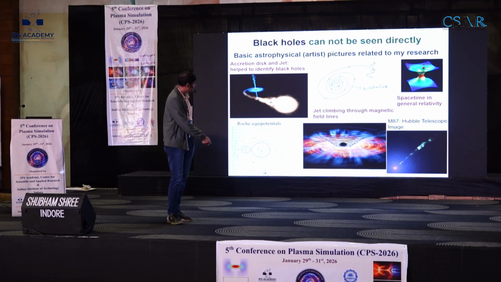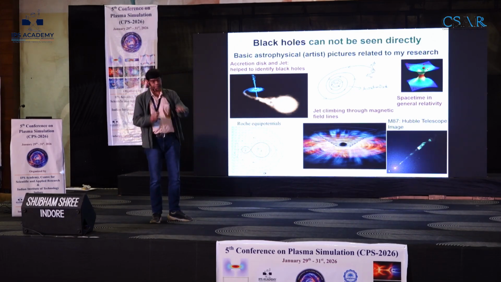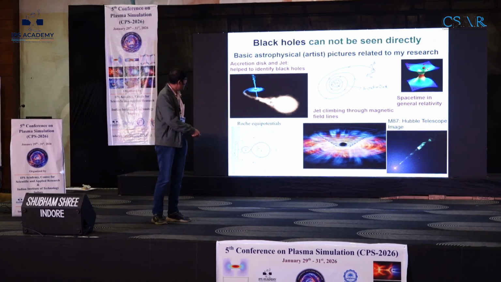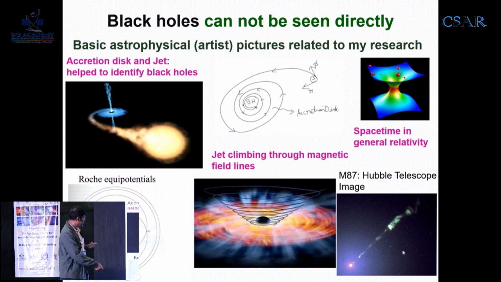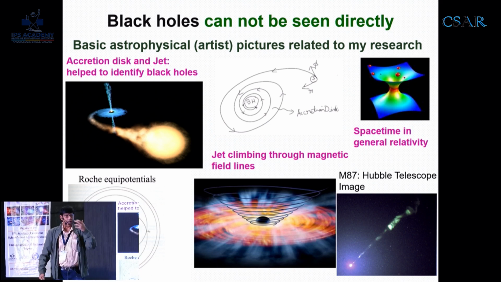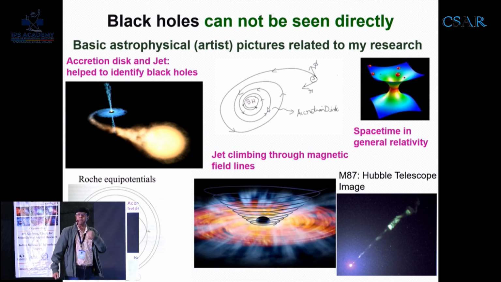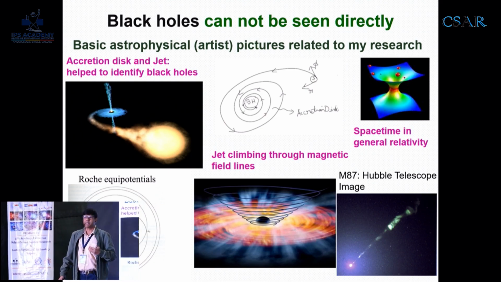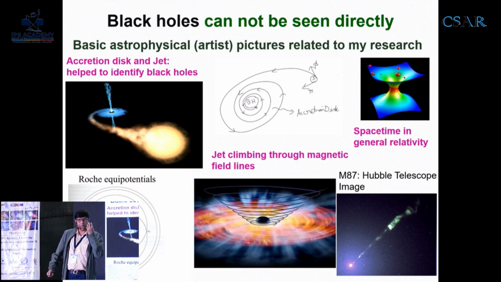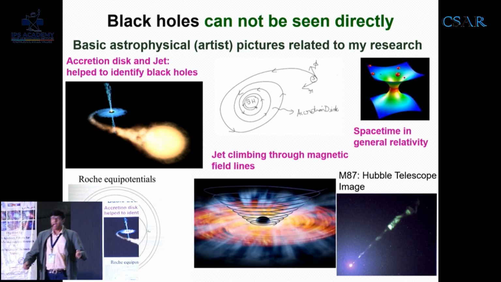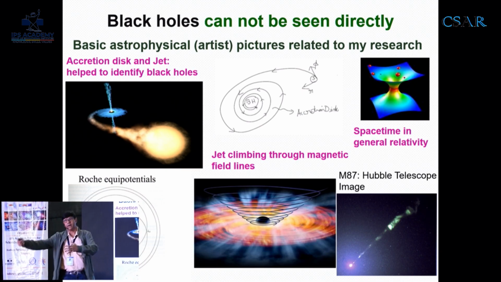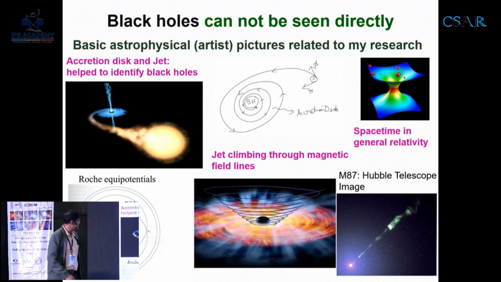We'll try to show in the next 20 minutes or so how this jet could be formed, and I'll show you that energy associated with the underlying system, jet and the accretion disk, could in principle be more than 100%, and that energy is coming from the black hole's rotation and interaction between the black hole and underlying magnetic field. I'll try to convince you. And this is the underlying space-time, which is non-inertial, general relativistic.